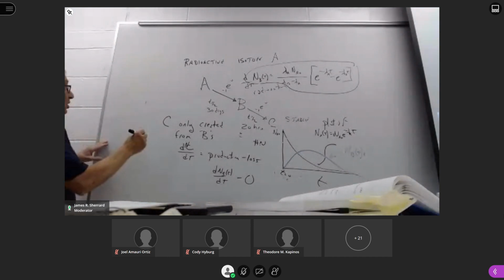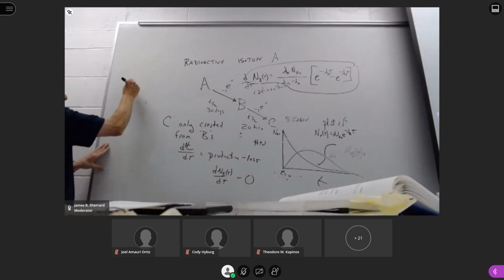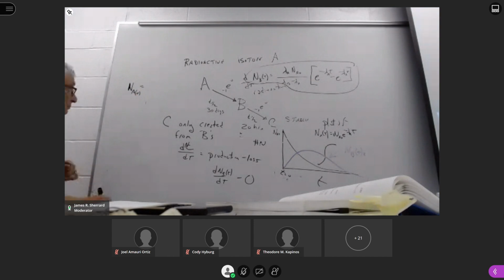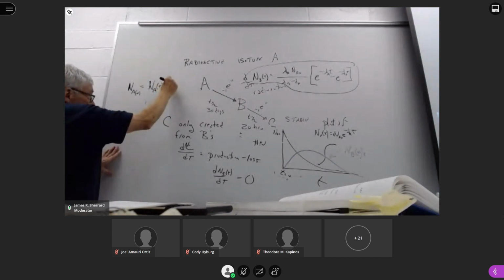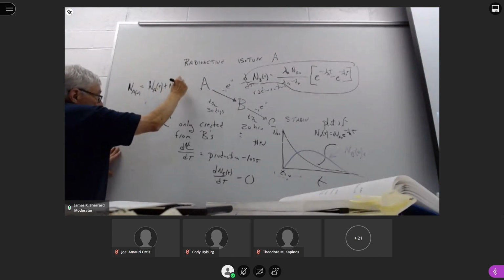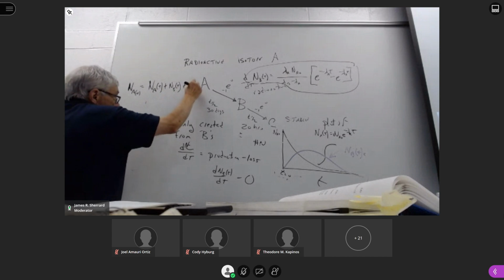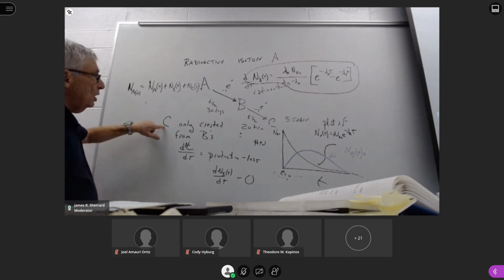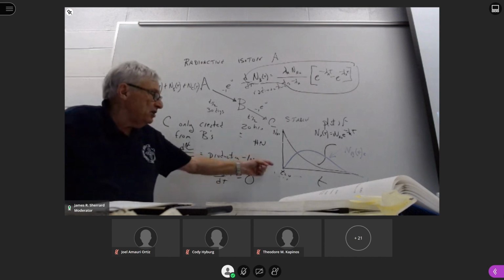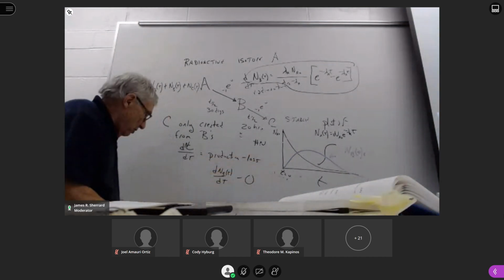When we start off, we know that the initial number of atoms is equal to, at any time, the number of A's plus the number of B's plus the number of C's. So if we look at what's happening to C's, how many C's do we have at time equal to 0?